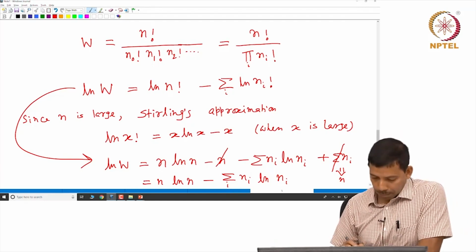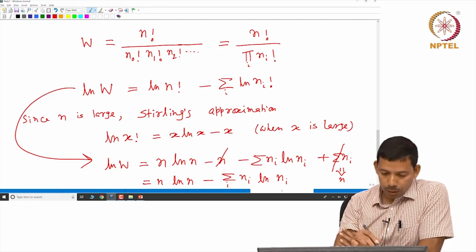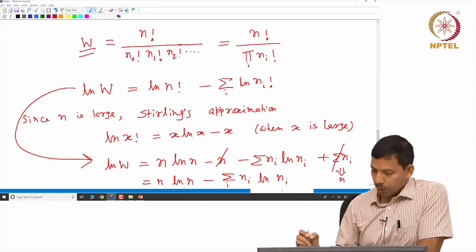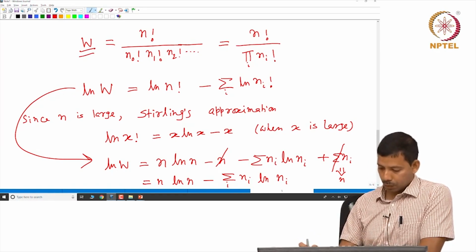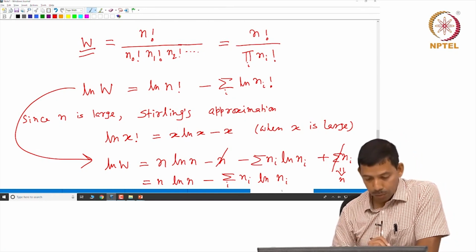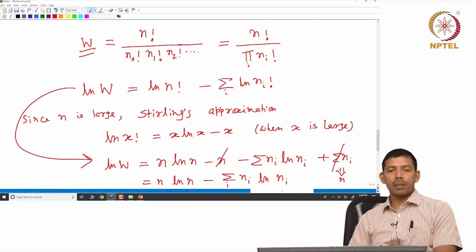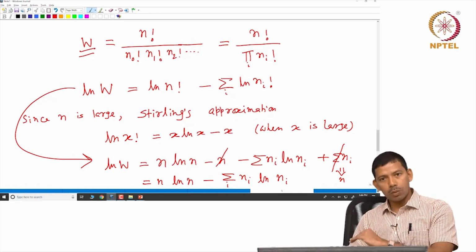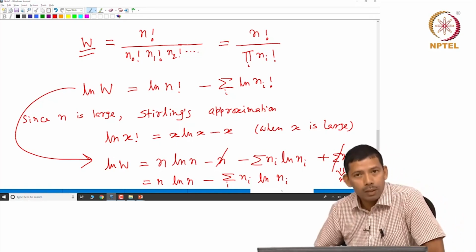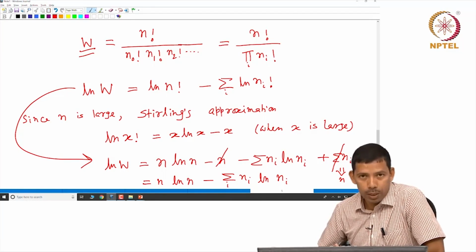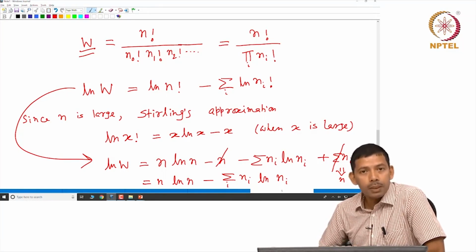Now, this W is the thermodynamic probability, and that thermodynamic probability changes all the time since particles are moving up and down. As they move up and down, the thermodynamic probability also changes, and it becomes maximum at equilibrium.